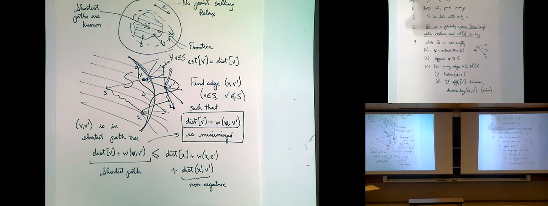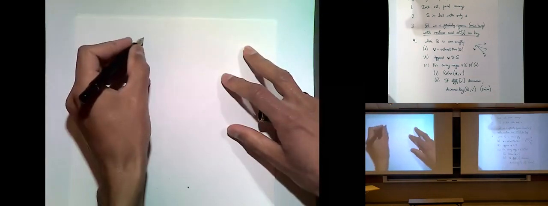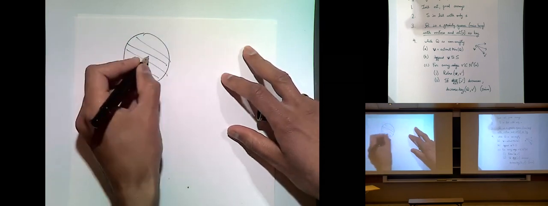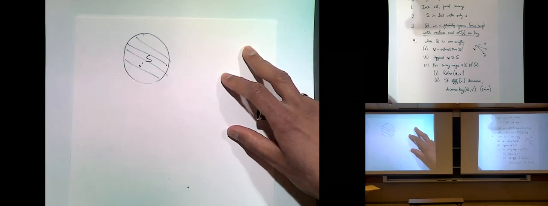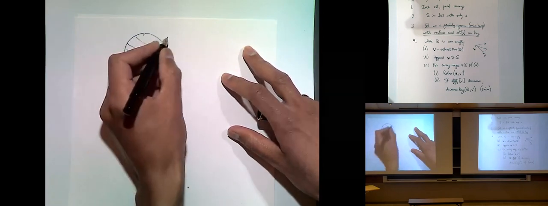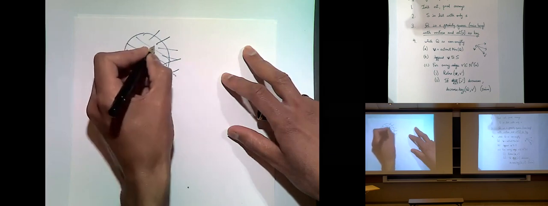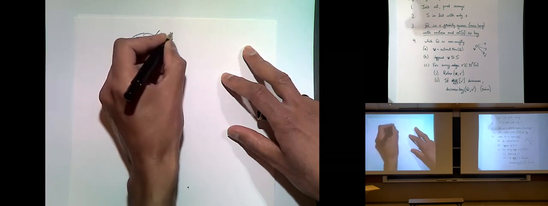So, by maintaining all the information, what I'm saying is something like this. Let's just say that this is your capital S at some point. And these are all those VV prime edges.